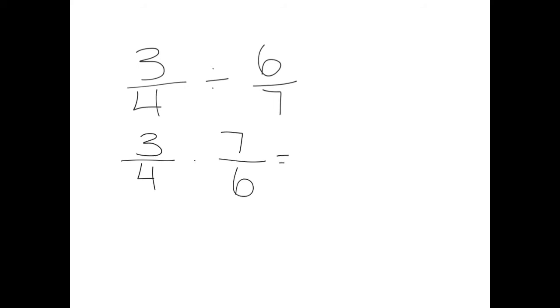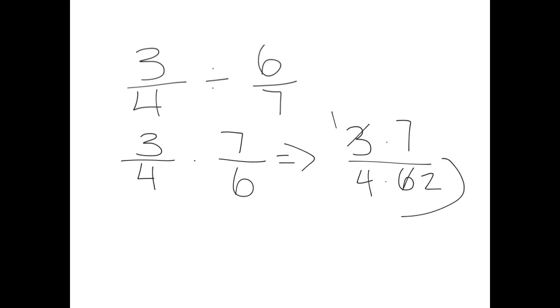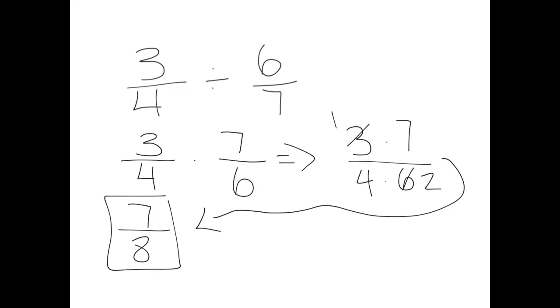Now we'll just rewrite this to a fraction. 3 times 7 over 4 times 6. So now we can divide out the 3. 3 can go into itself 1 time and 3 can go into 6 2 times. So therefore, our answer, 7 times 1 is 7 and 4 times 2 is 8. So our answer would be 7/8.